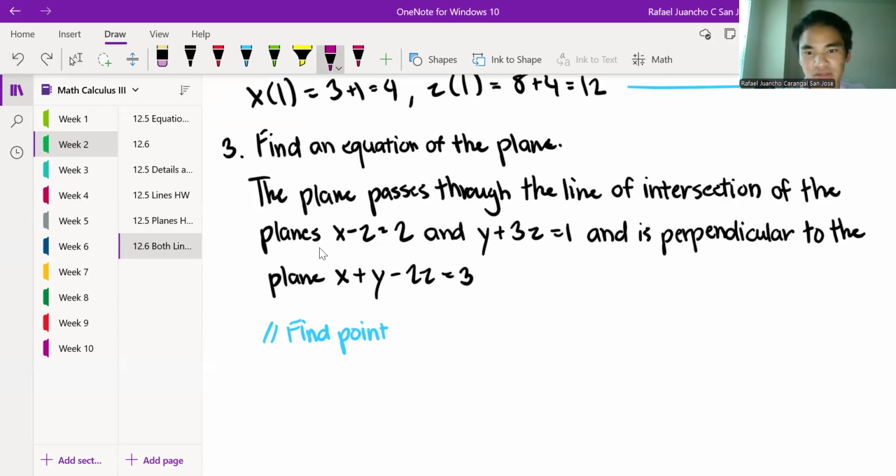What can we do about those two planes? Line of intersection. Maybe they both have a z in it.